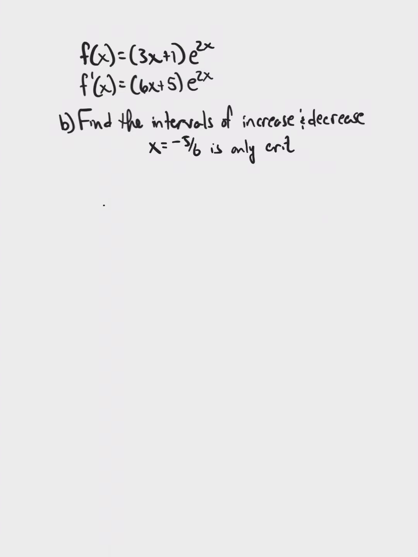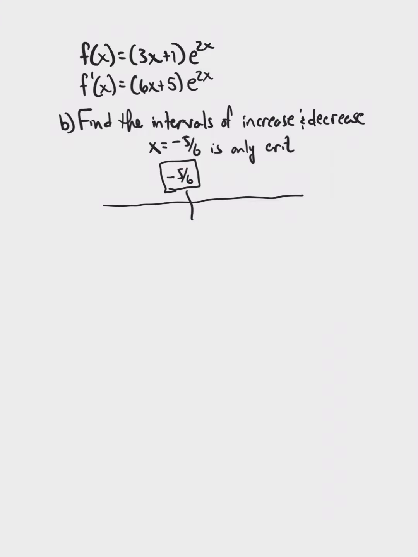So remember how this works is I just make a little chart. I denote my critical number like that. And then I just pick test numbers around each one of my critical numbers. In this case, I only have one critical number. And so I can only go to the left and the right.